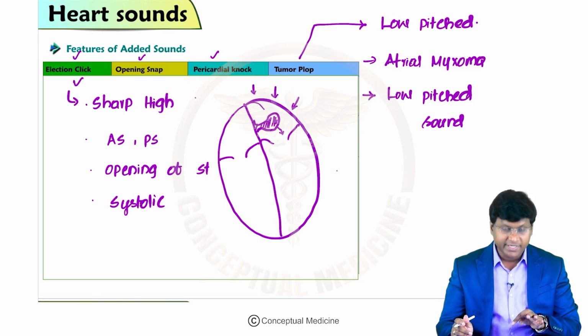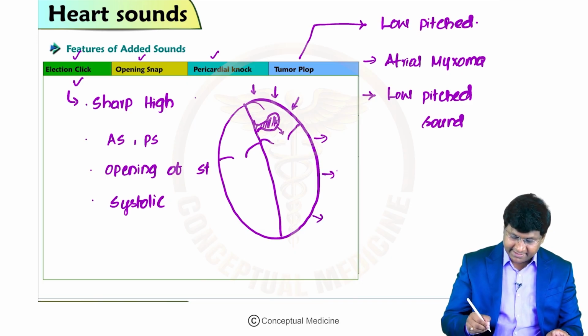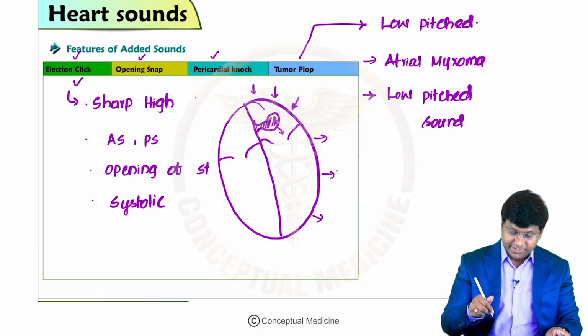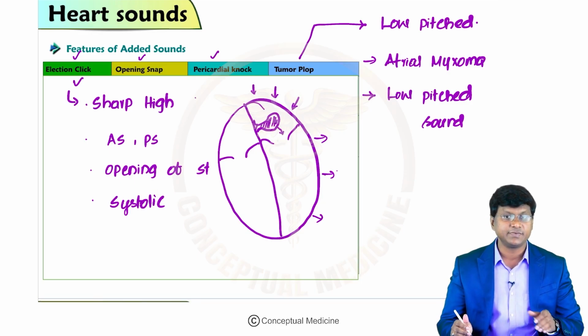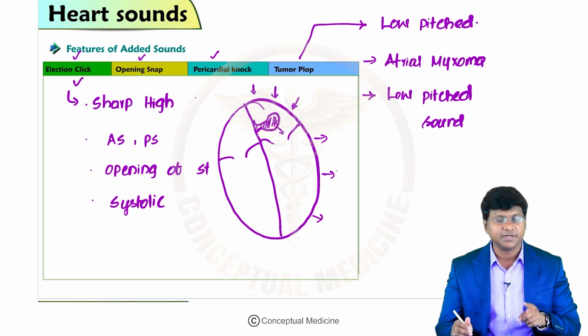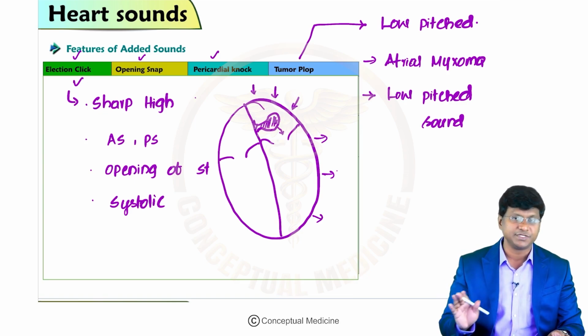plop. So when the atria are contracting, the ventricle will be in a state of diastole, and that is the reason why your tumor plop is considered to be a diastolic sound. So please remember, tumor plop, which is heard in atrial myxoma, is a diastolic sound and it is a low pitched sound.